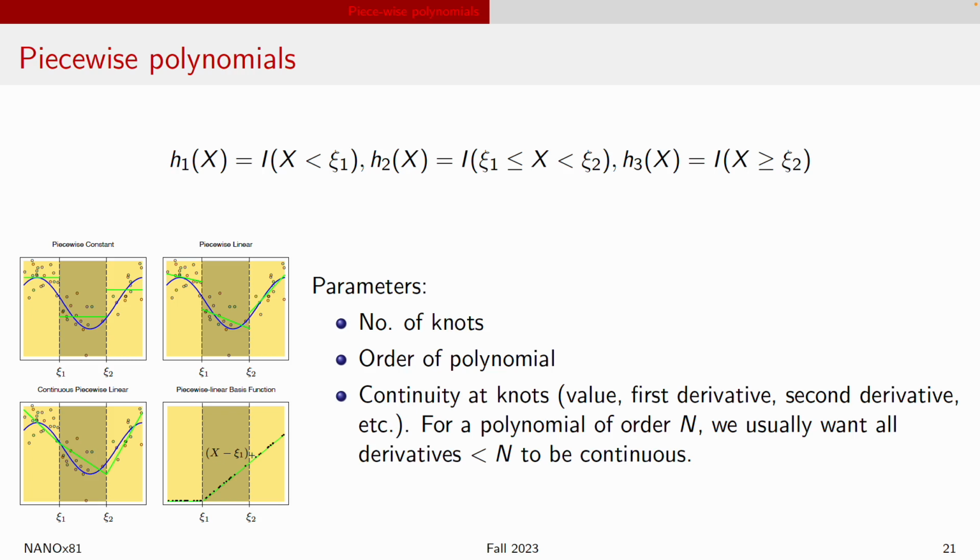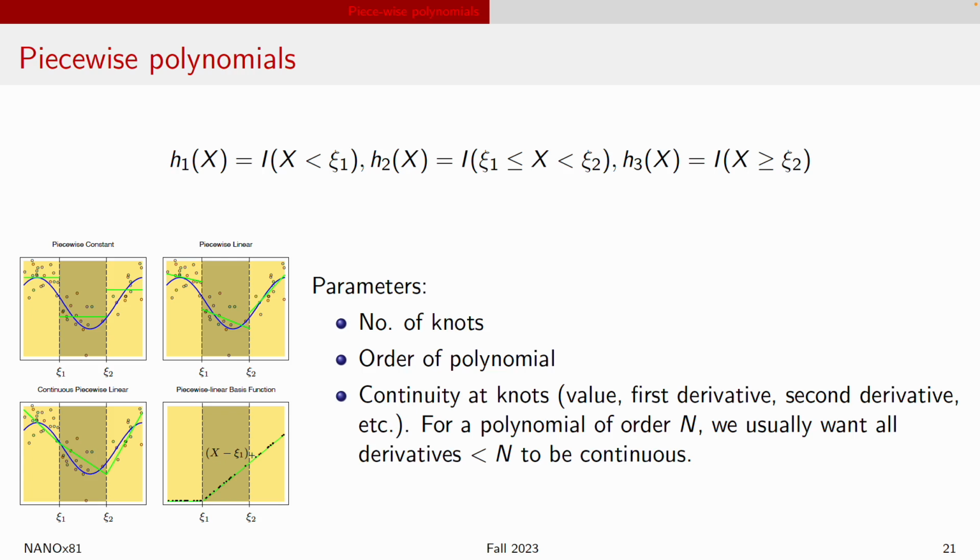Now, instead of trying to just select one function to fit through the entire set of data across the entire range, what I'm going to do instead is that I'm going to split that entire range of X into different regions. I'm going to say, I'm going to fit one function to this region, I'm going to fit another function to this region, and I'm going to fit a third function to the last region.